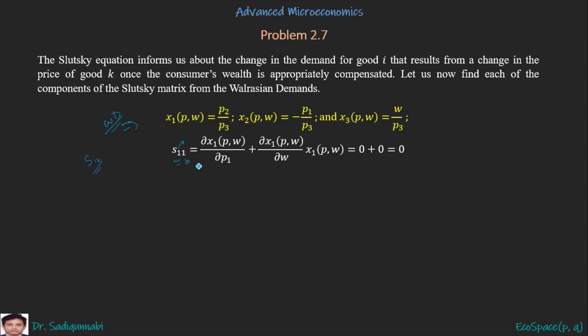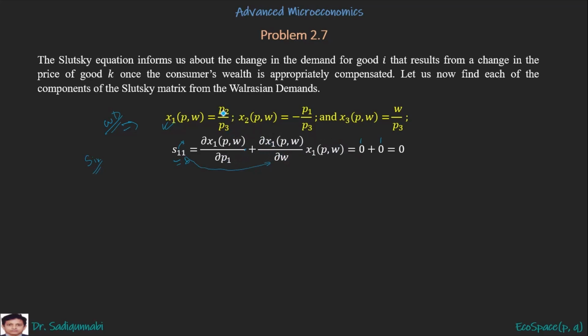The first part of this Slutsky equation is for good x, and the second part is not necessary for this because W is W. So we see that this is 0 plus 0. Why 0? Because in this equation there is no p1, so here 0. And in the second term, x times W, there is no W, so 0. That's why it is 0.